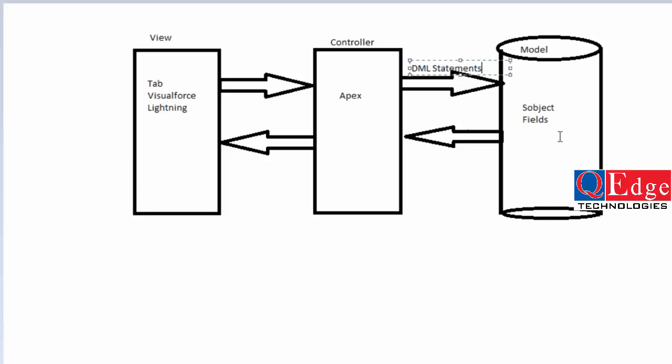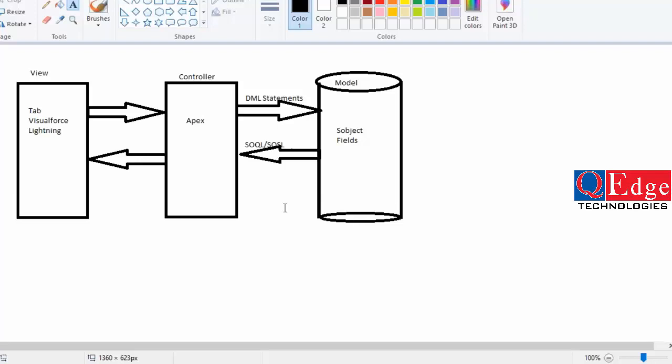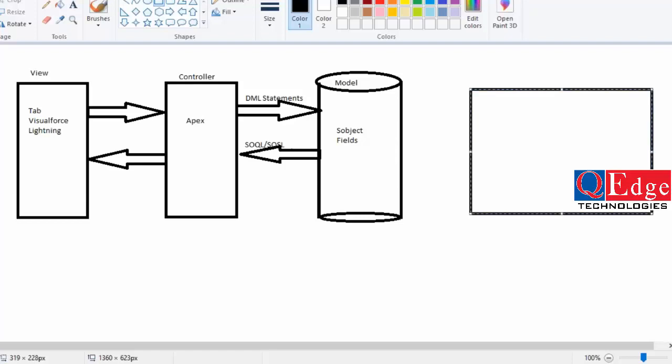To fetch the information from the model, and if you want to populate that information on the view part, we'll make use of query languages like SOQL or SOSL, which is Salesforce Object Query Language or Salesforce Object Search Language. Now let me explain with one practical example, so you will get the clarity.